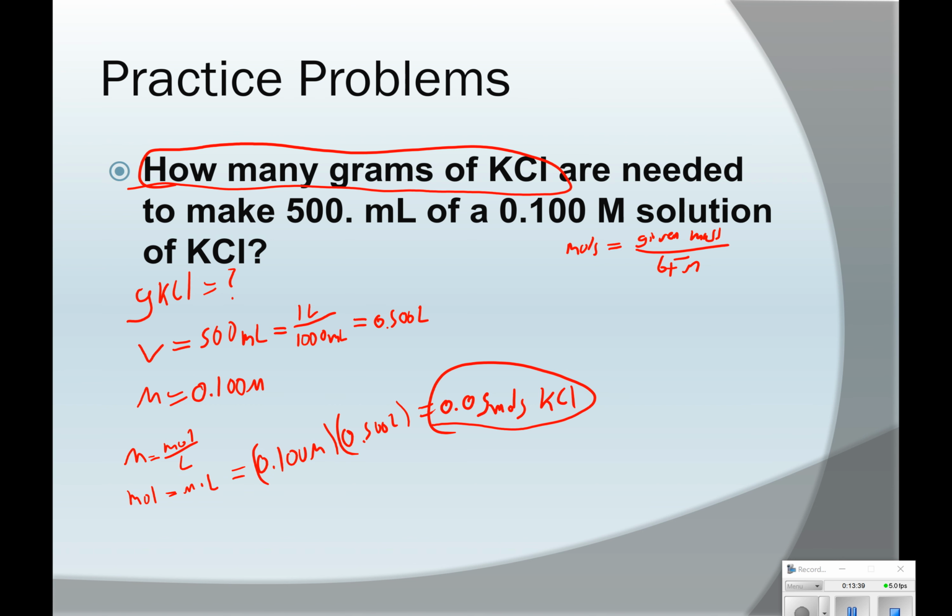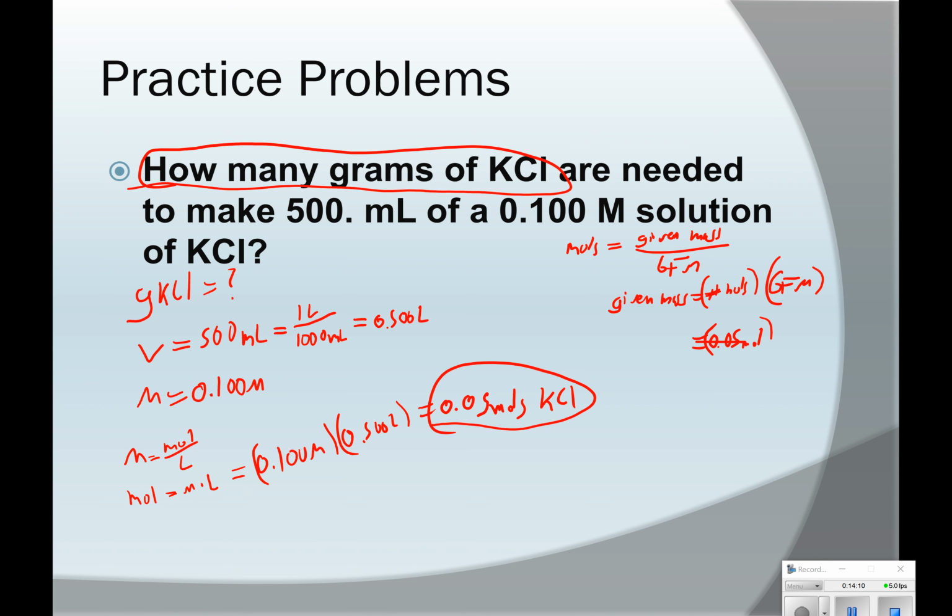And if we rearrange this, our given mass equals the number of moles times the gram formula mass. We have the number of moles. It's 0.05 moles. And we're going to multiply that times the gram formula mass of KCl.